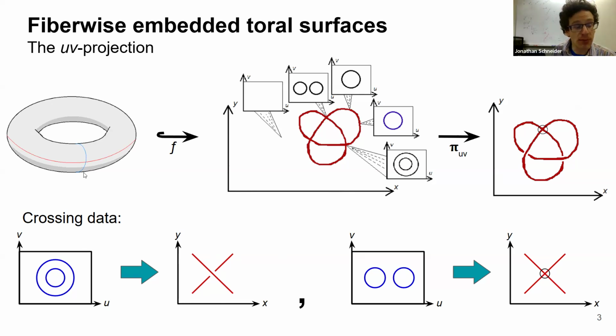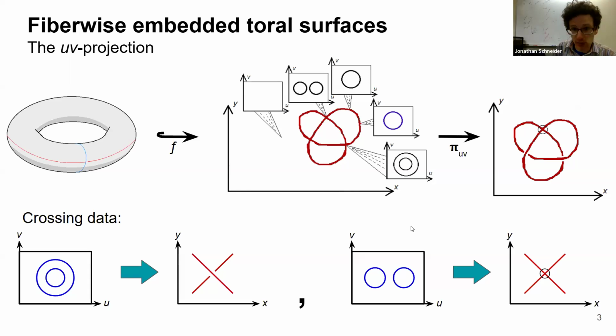If the 2 parts of the torus simply pass by each other side by side, then the blue fiber circles will not be nested, and we can identify that formally as a virtual crossing in the XY plane.